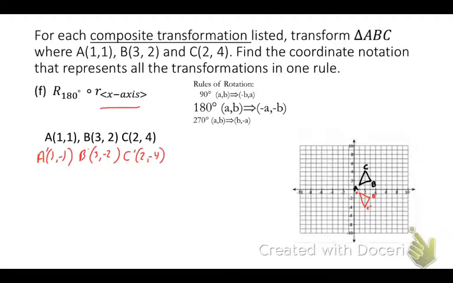Next, we're going to rotate this 180 degrees. So to rotate it 180 degrees, we need to switch the signs of our x and y coordinates. So we're not switching places, we're just switching their signs. So the point (1, negative 1) would become the point (negative 1, positive 1).